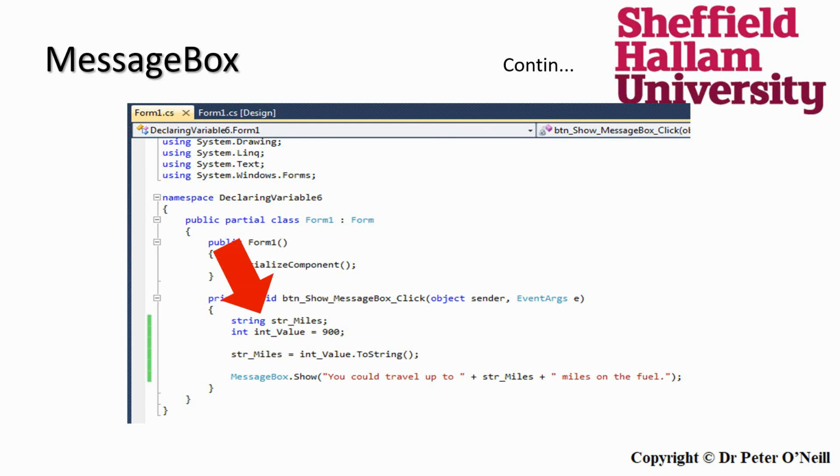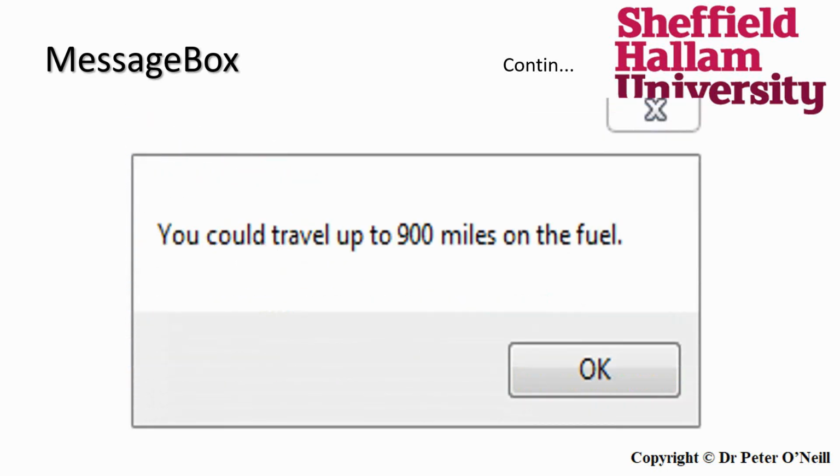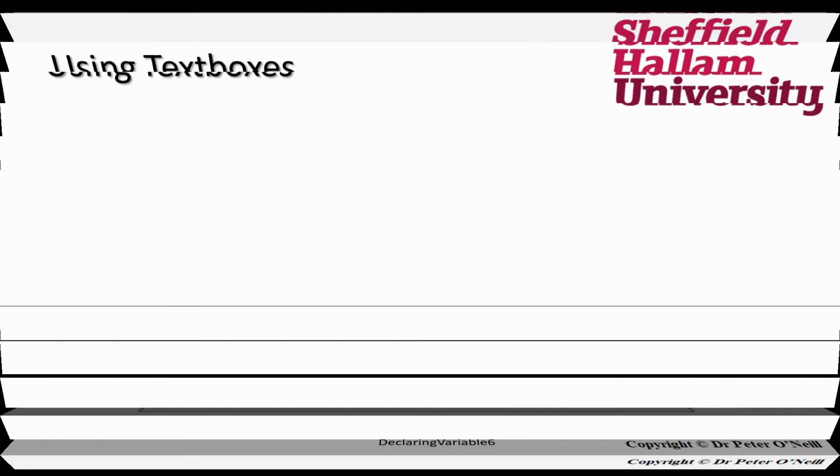You could travel up to, plus, miles, on the fuel. Okay? So we're going through it all there. And we'll add them all together, as I say, and get that. We could also use text boxes.